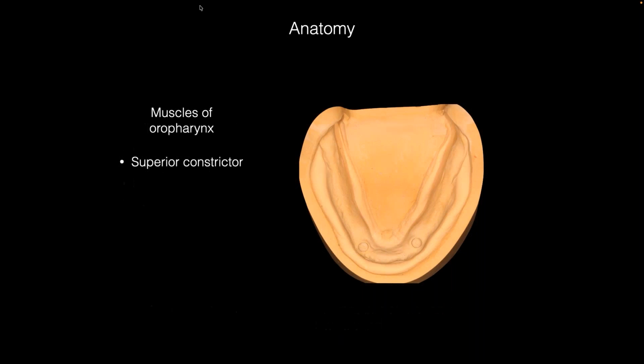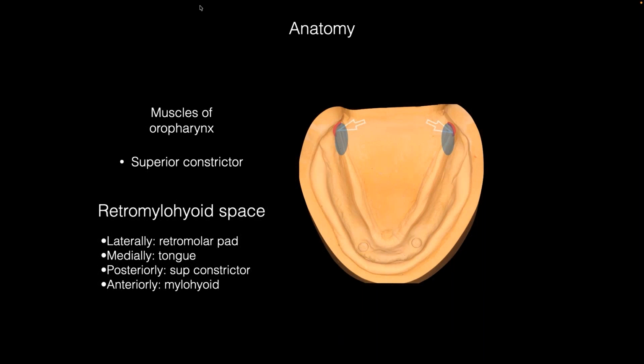And then the muscles of the oropharynx. It's really the muscle on each side. It's the superior constrictor, but there's two of them because they come in pairs, obviously. So it's the muscles of the oropharynx. It's the superior constrictor, and that's where they live. That's their area, in the retromylohyoid area or space. It is between the retromolar pad and the tongue. And when the patient swallows, that's exactly when that muscle bulges out.